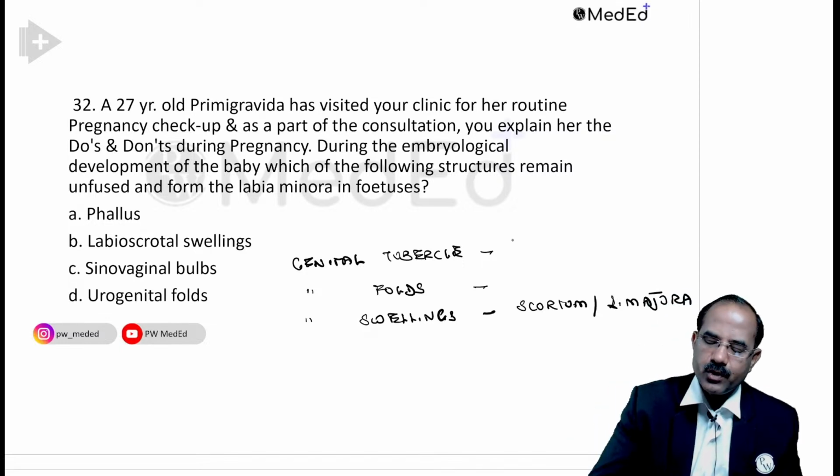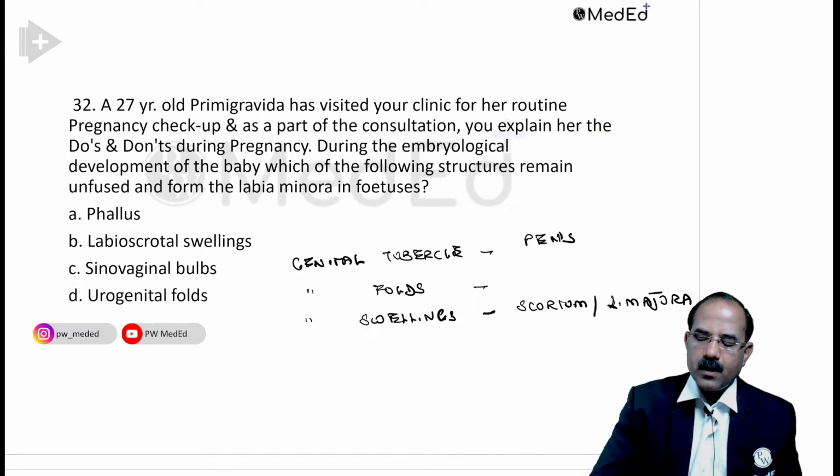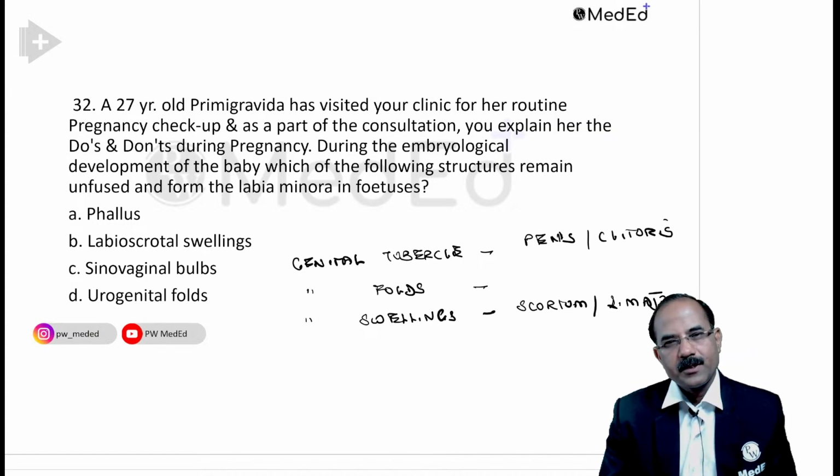The genital tubercle forms the penis in males and clitoris in females.